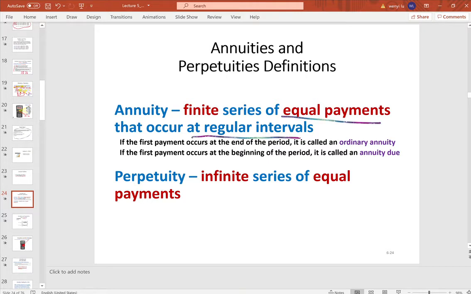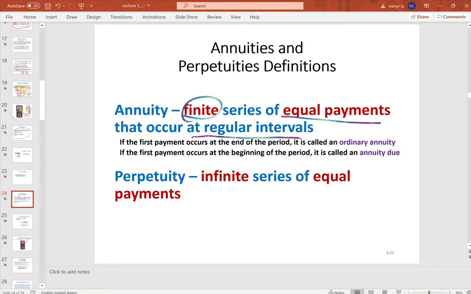Please pay attention: even though it's called annual, this can be paid monthly, quarterly, daily, or yearly, on different time intervals. But most important, these payments must be equal and finite. You can count how many payments are made.